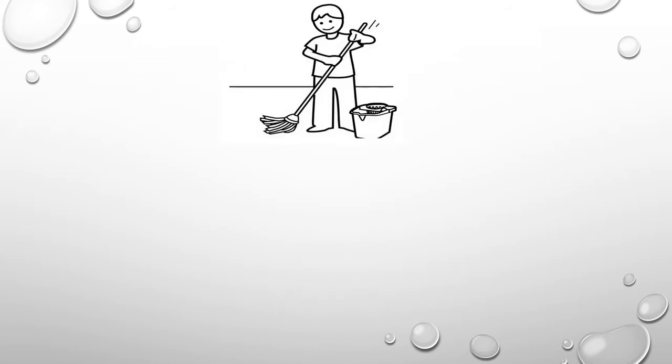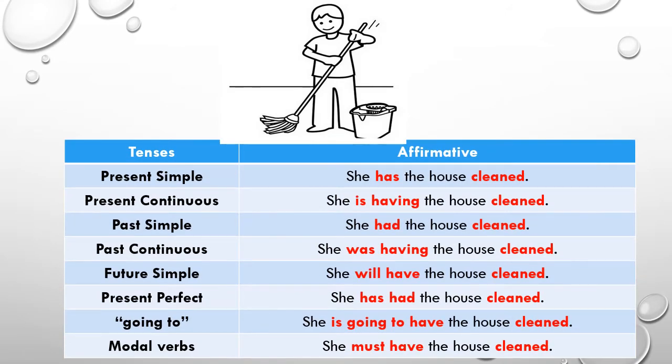Let's look at the tenses of the causative again. Present simple, she has her house cleaned. Present continuous, she is having the house cleaned. Past simple, she had the house cleaned. Past continuous, she was having the house cleaned.